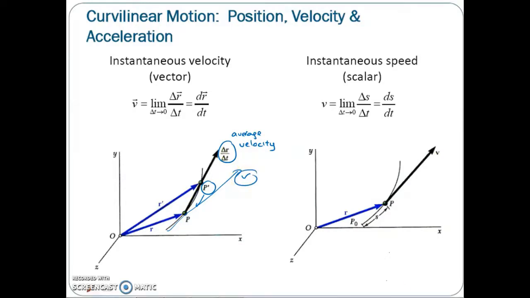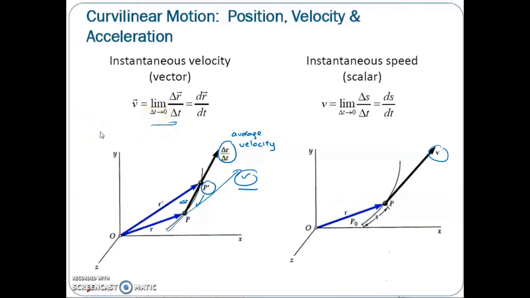The magnitude of this vector v, which is the tangent of the path of the particle, can be obtained by substituting this delta r into the formulas.